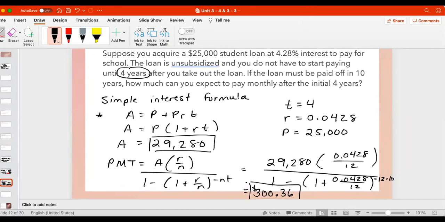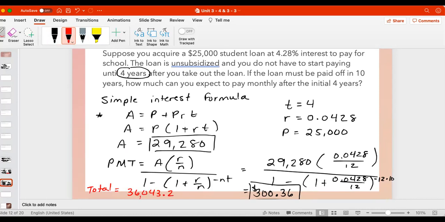Now, if I wanted to figure out how much money I would pay for this loan in total, I would take that 300.36, multiply by 12, that would tell me how much I pay in a year, and then multiply by 10. So if you do all of that, you'll get that the total paid is 36,043.2.